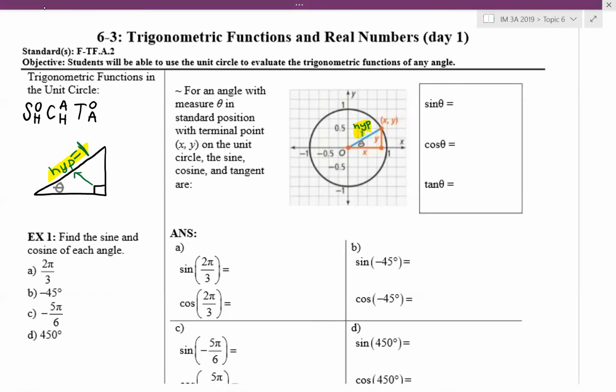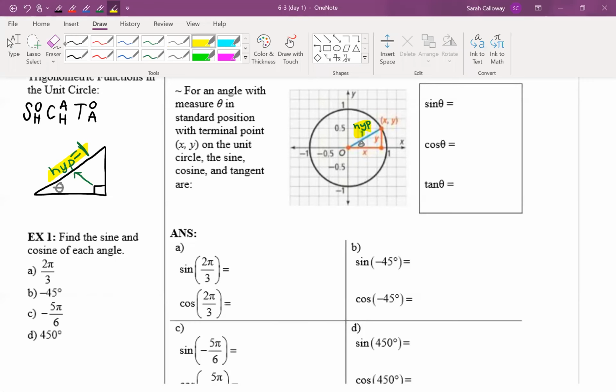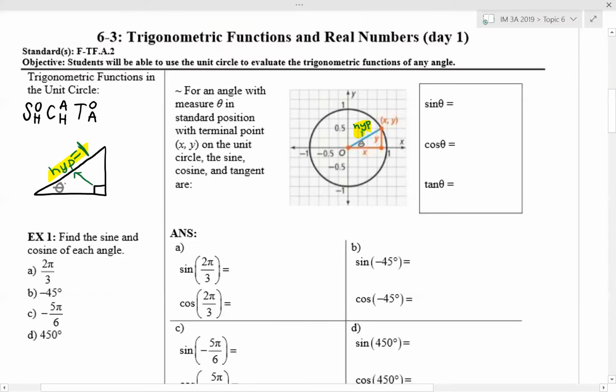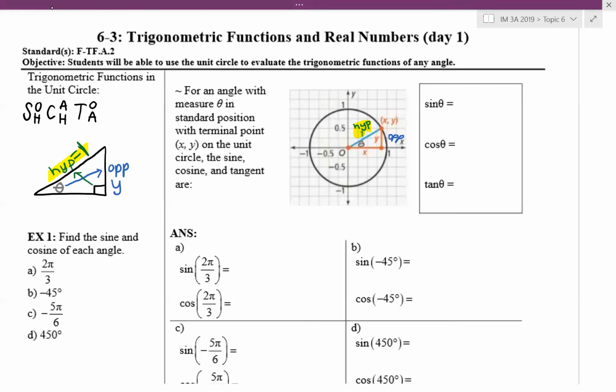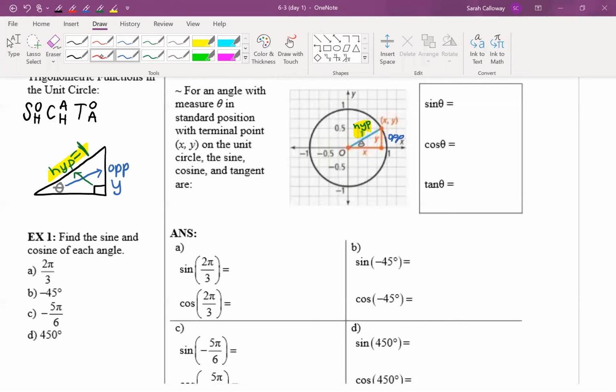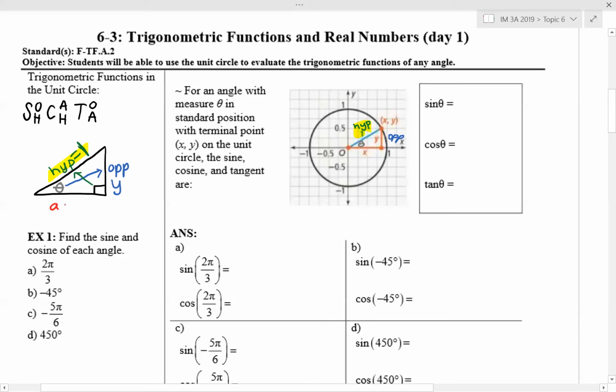And so then in relation to theta, the side that's opposite theta is the side over here. So that's this side. And so notice that that side is labeled as y. So the y will always represent the opposite side when I'm looking at a triangle set up in the unit circle. And then finally, the adjacent side is the bottom part here.